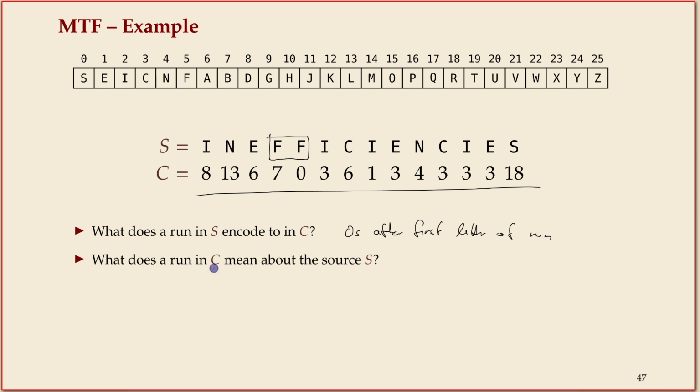Now sometimes we also get these things like a run in the coded text. All these 3s. What does that mean? Well, if you look where it comes from, it meant that C at this point was at position 3 in the move to front list. And then this was at position 3, and then this was at position 3. So it means that there's another occurrence of this string somewhere earlier.